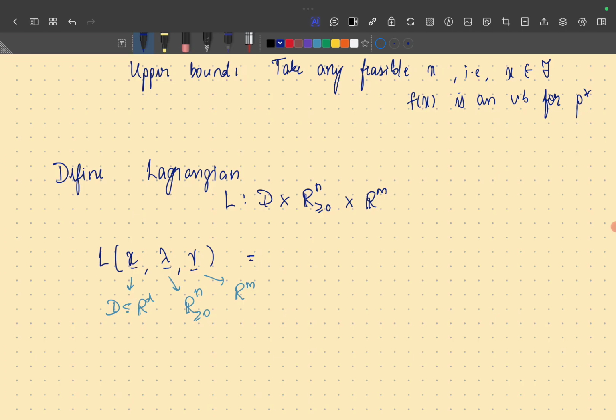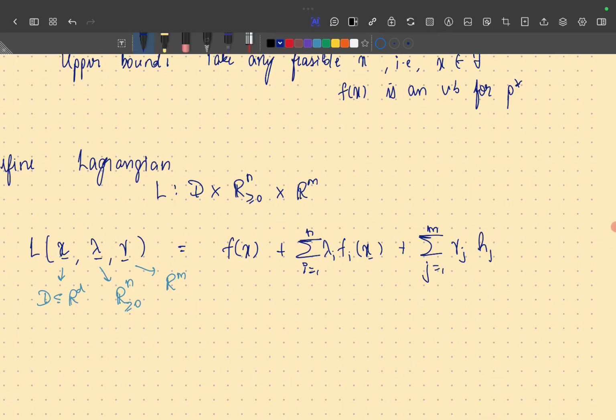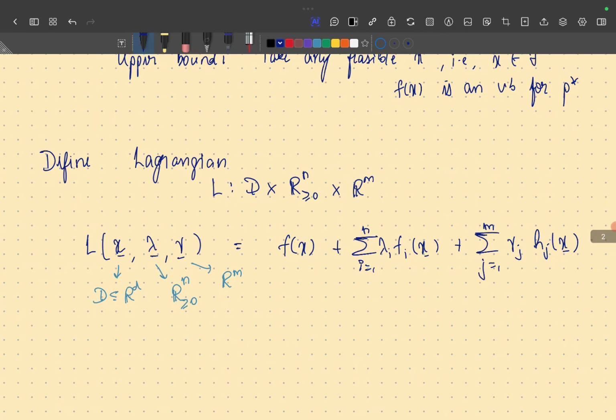Okay, so what is the Lagrangian? It's equal to f of x. If you look at it purely as a function of x and the fi's, this is basically a linear combination of the objective function and the constraint functions. So this is f of x plus summation i equal to 1 to n of lambda i times fi of x, plus summation j equal to 1 to m of nu j times hj of x.